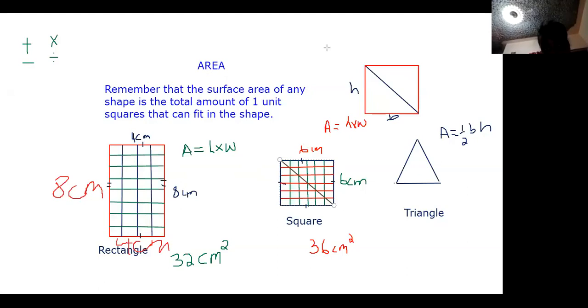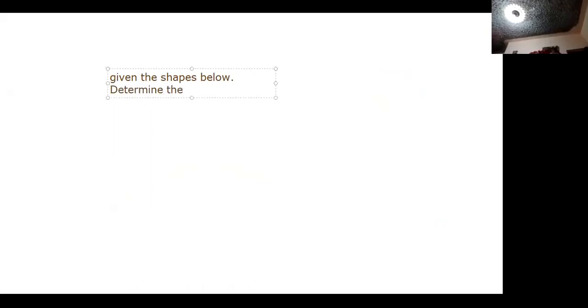Clearing the board. All right, now here's the question. The question is, given the shapes below, determine their surface area.